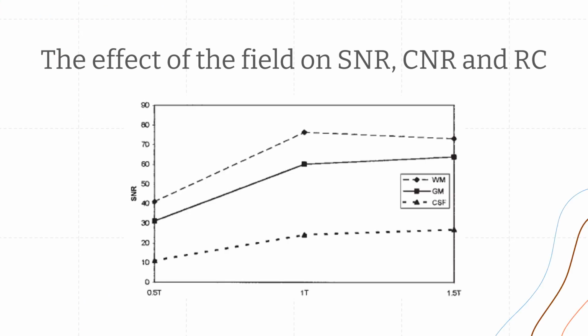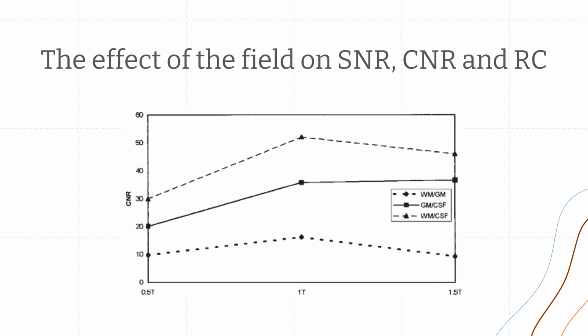Here we can see the effect of different strengths of the field on the SNR. We can see that the SNR increased linearly as a square of the field strength from 0.5 Tesla to 1 Tesla. Then from 1 Tesla to 1.5 Tesla there is a nonlinearity due to the factors mentioned before.